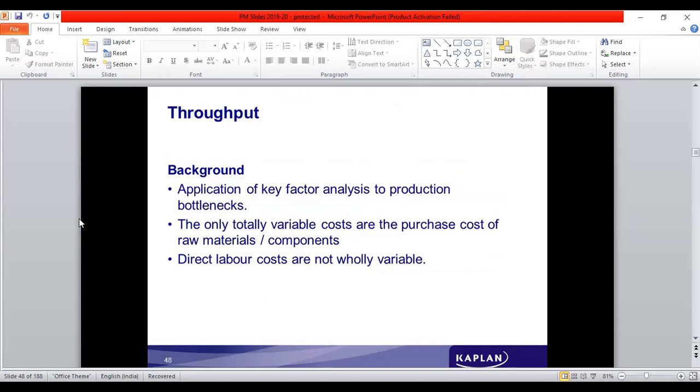The next method is throughput costing. But right now, we will not do throughput costing. There is one technique called key factor analysis, which we will learn in the coming chapters, under cost volume profit analysis. After that, part of decision making under cost volume profit analysis is key factor analysis. A modified version of key factor analysis is throughput costing.